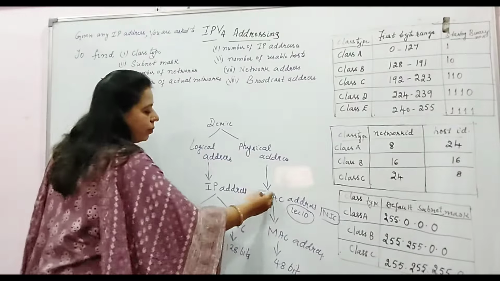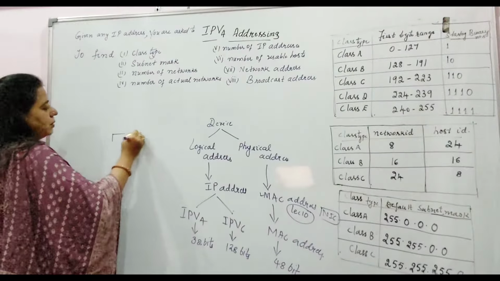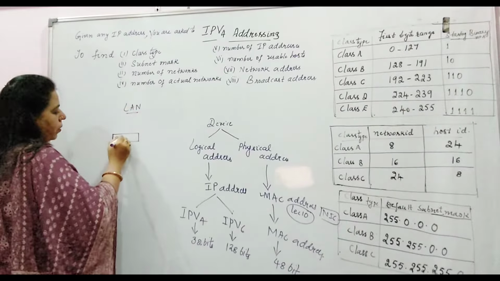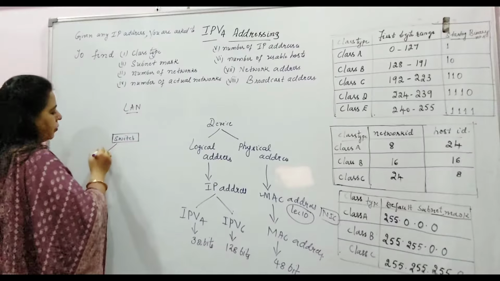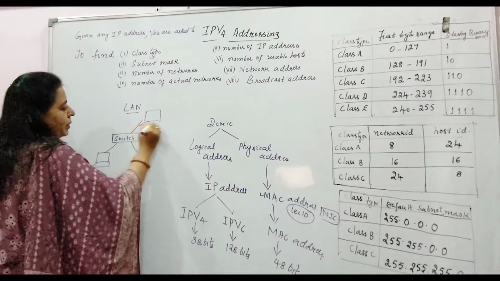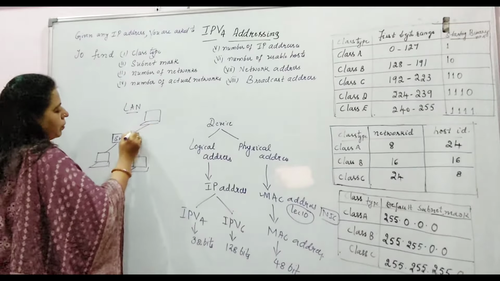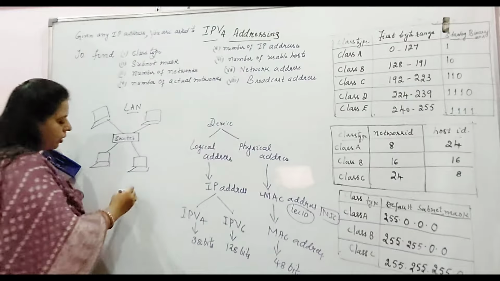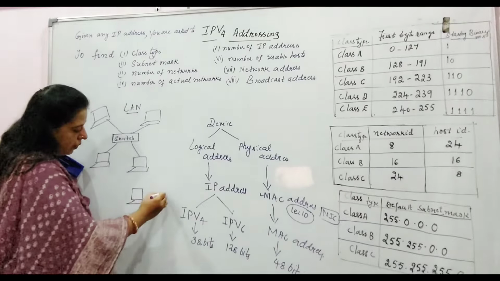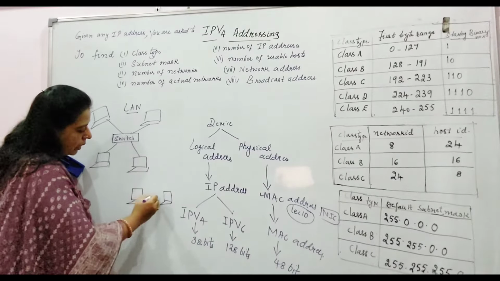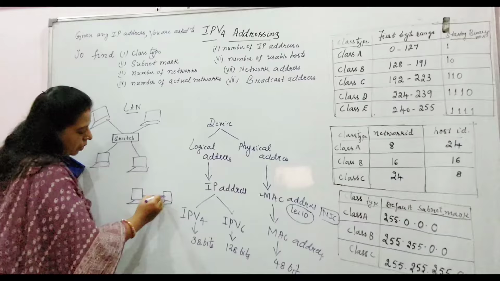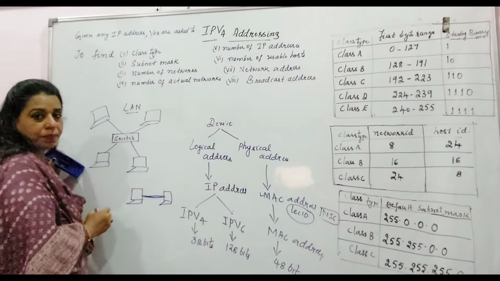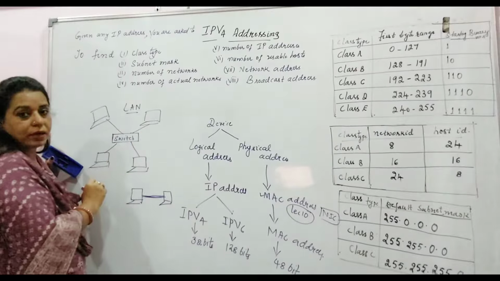MAC address we can manage if, suppose this is a LAN, and you know very well, in the LAN you require what component? The switch, if you want to connect more than 2 PCs. I clearly told you in my previous session also, 2 PCs can be connected and communicate directly, but more than 2 is not possible, so you require the device switch to make all the PCs get connected in your network.